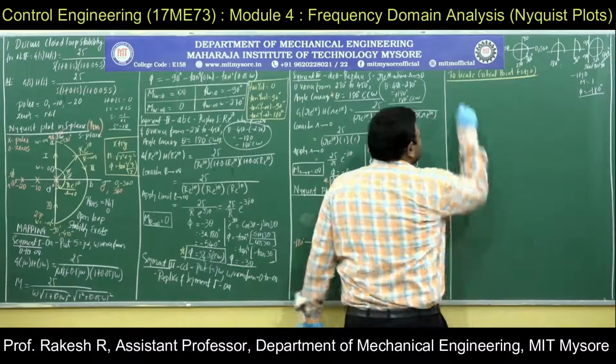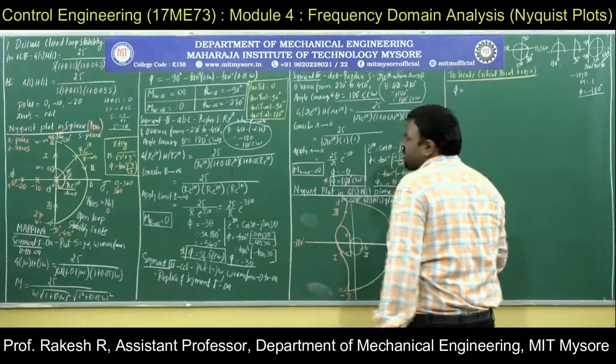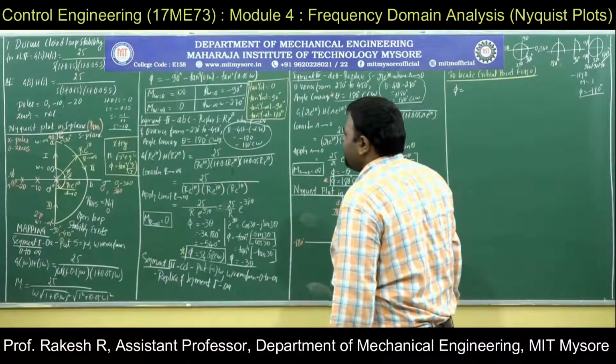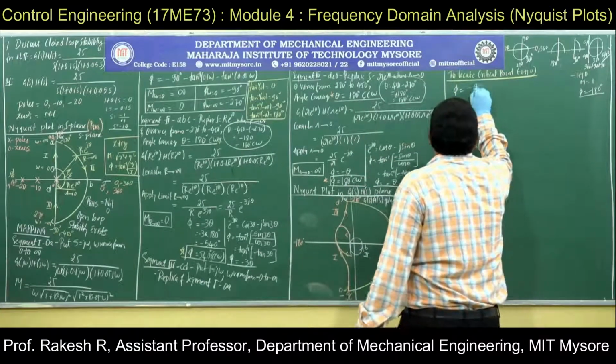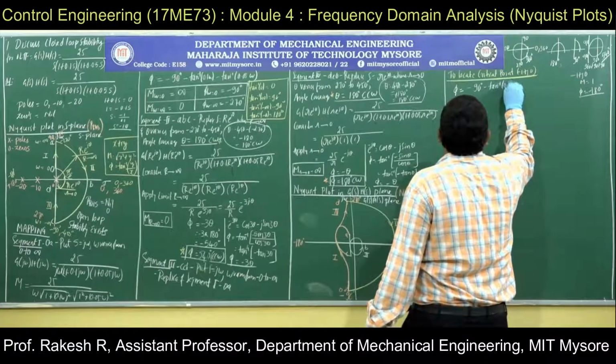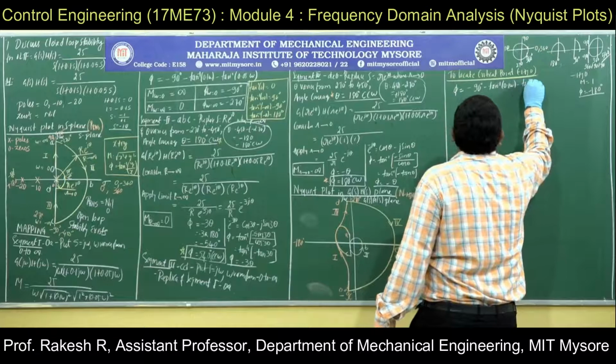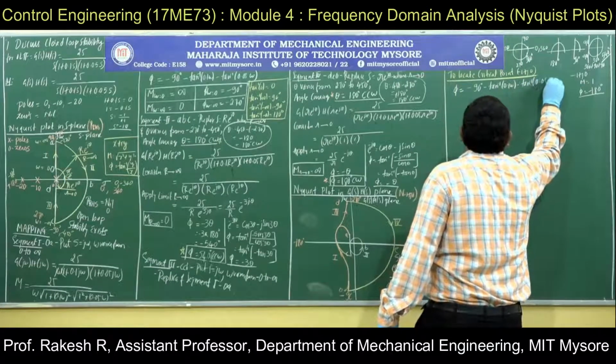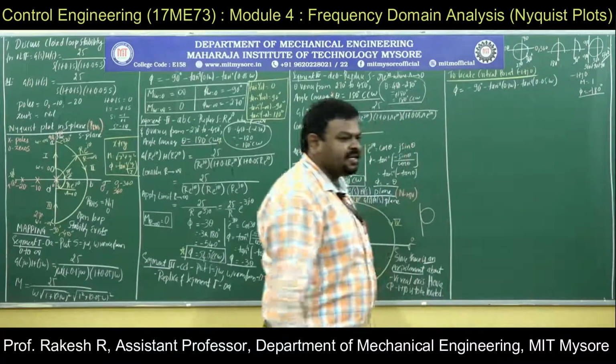So the condition is, first you write the phase angle. What is the phase angle? The phase angle will be -90 minus tan inverse of 0.1 omega minus tan inverse of 0.05 omega. What is the condition?